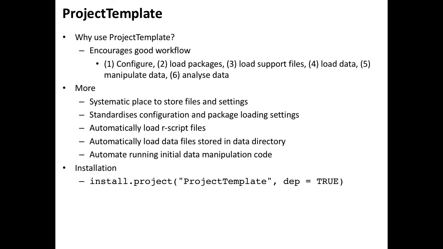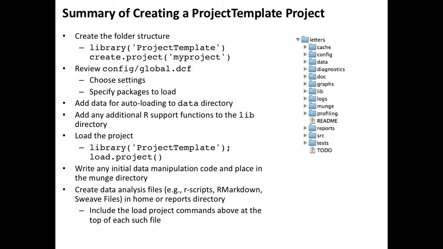As I said, if you want to create a new project using the standard project template approach, you just load ProjectTemplate and run create.project, and you give it a name. What that will do is generate a set of directories that do a whole bunch of things, only a few of which are fundamental to ProjectTemplate.